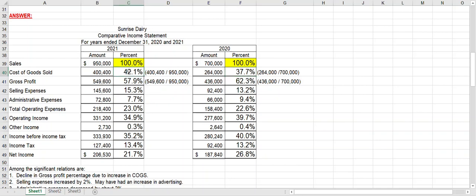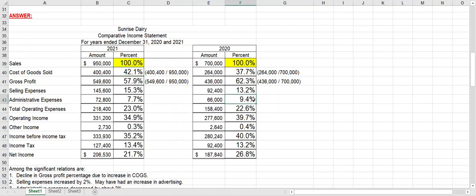However, in 2021, the next year, I spent over 42% for cost of goods sold. So I need to determine, why was my cost of goods sold a little bit higher? Did prices of my materials change, but yet I didn't raise my sales price? Let's look at administrative expenses though.